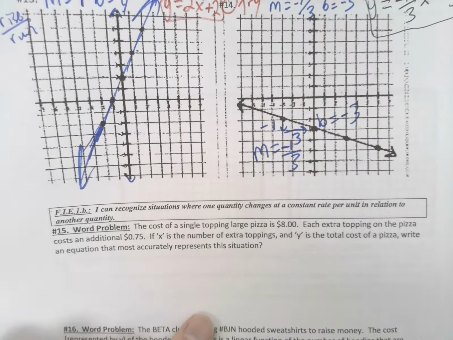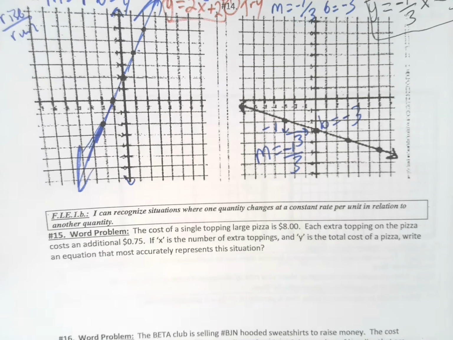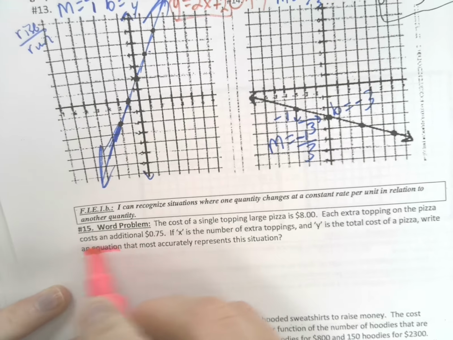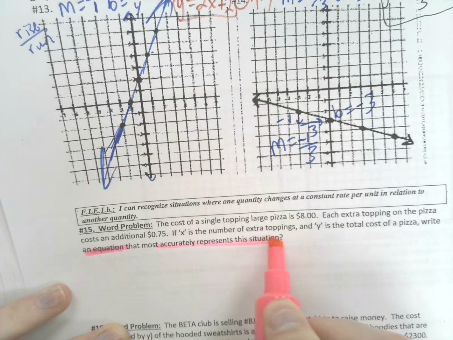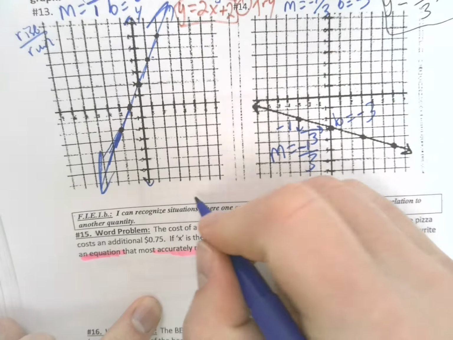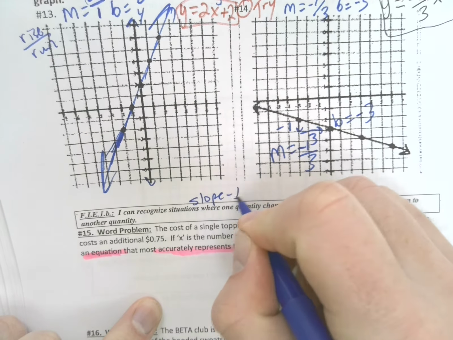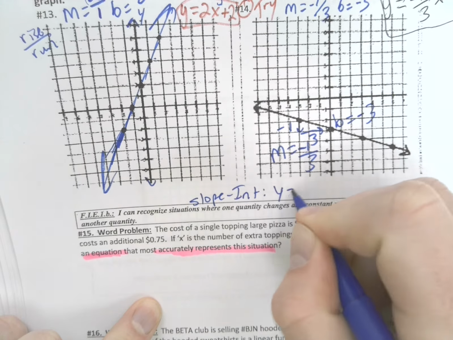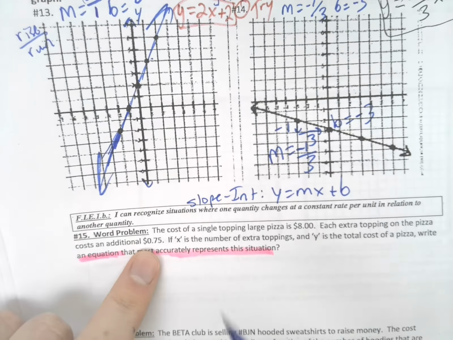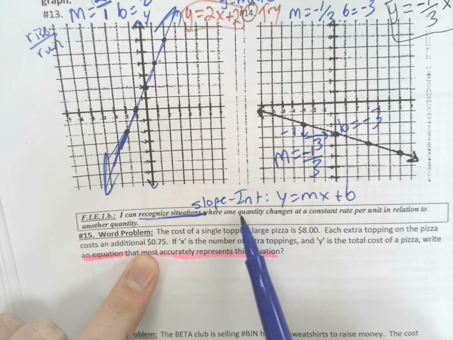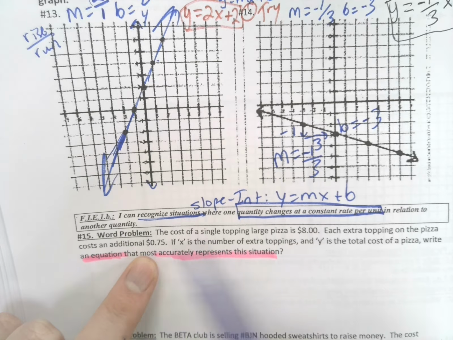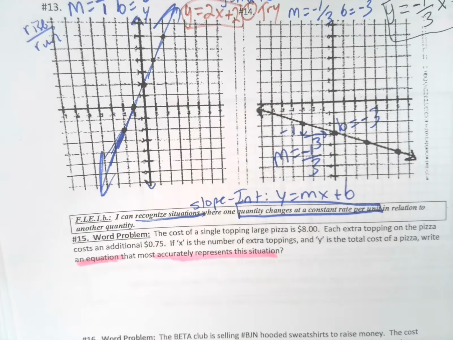Now, what if we want to deal with some slope-intercept in a different way? What if we want to see how we can create equations to represent situations in real life? You may not have thought about this, but slope-intercept form, y equals mx plus b, is great for representing real-world situations where one quantity changes at a constant rate in relation to another quantity.